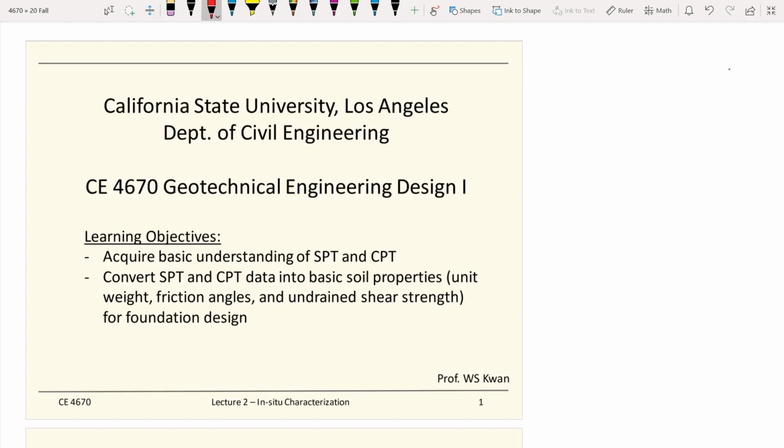So we talk about how to obtain the field data, and the next step is how to convert those SPT and CPT data into basic soil properties, such as unit weights, soil strength parameters of friction angles, and undrained shear strength. So those parameters will be needed for foundation designs.